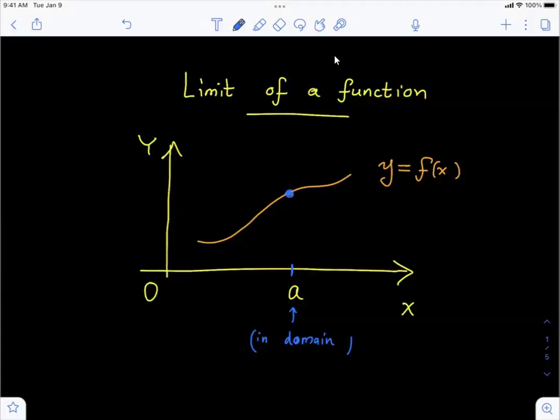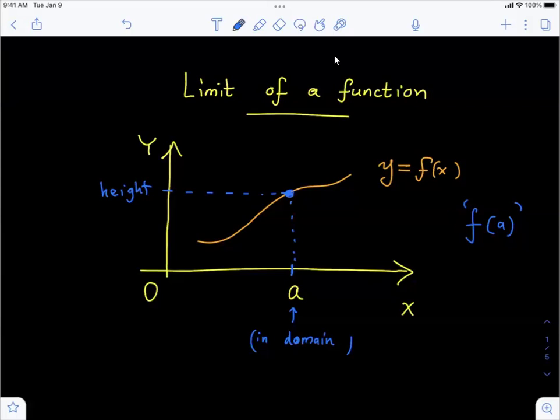So this point corresponding to the value of the function, which is computed simply by plugging the value of a into the position of x, you're going to get f of a. And the significance of this value f of a is none other than the height of this function exactly at that point. So this is going to give you a height. And you can do this computation without any issue as far as it's a value in the domain and you can just compute it.